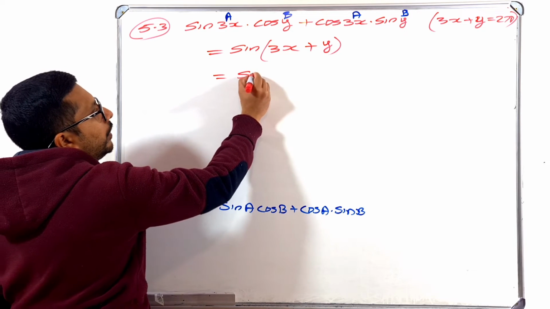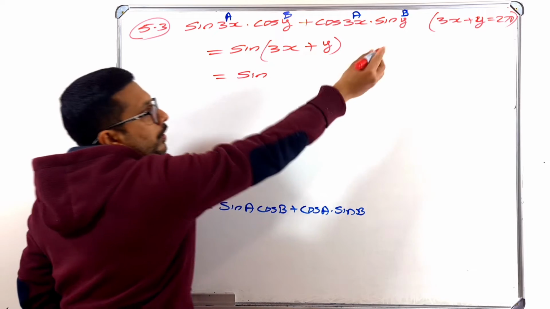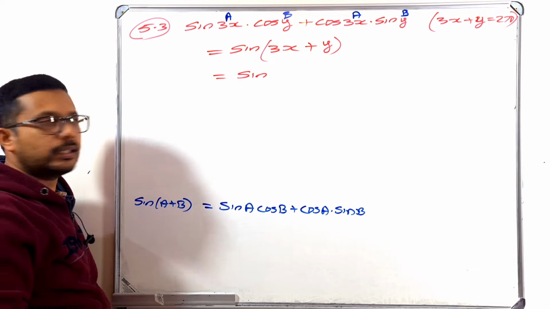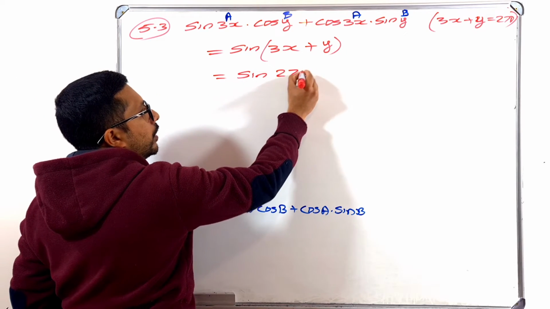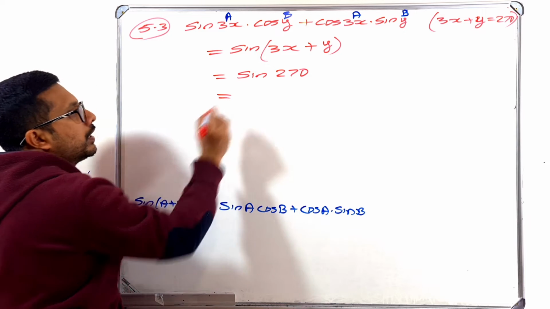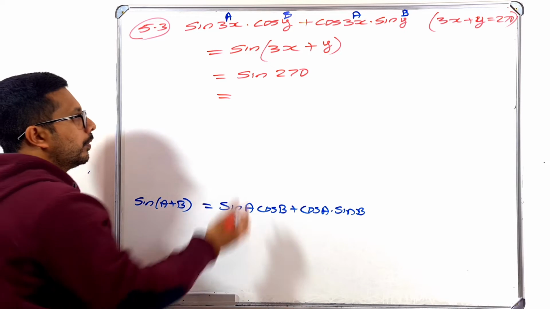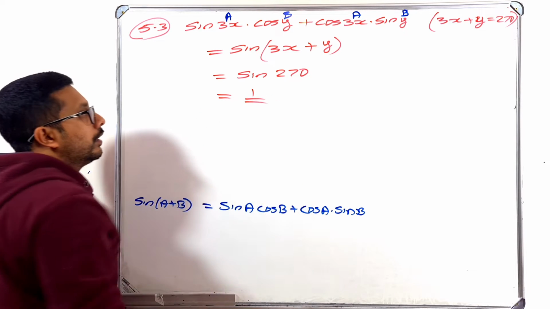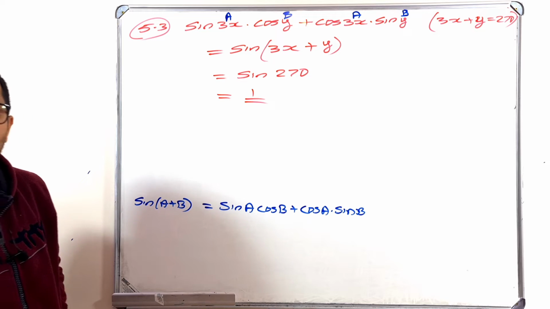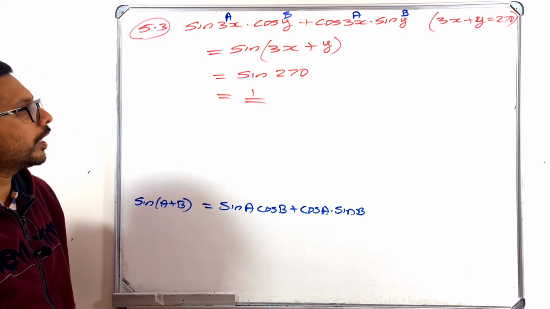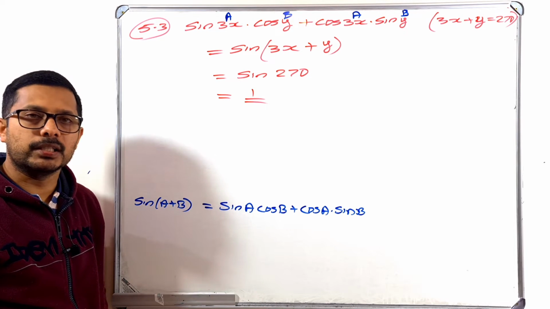And it is given in the question that 3x plus y is 270. So what is the answer of sine 270? Don't use a calculator, nothing is written there about it. The answer is minus 1.